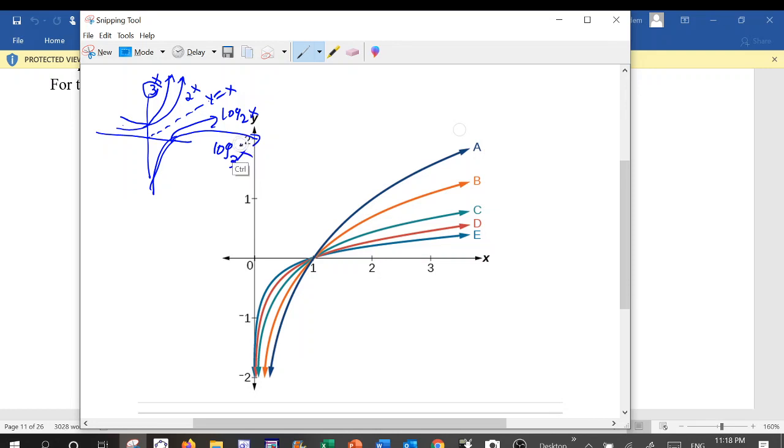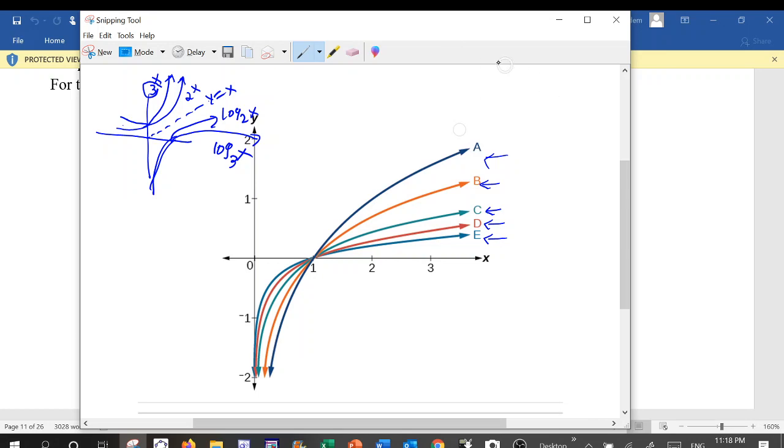Here, the bigger the base, the slower this is going to go to infinity, right? You see that? So which one of these is the biggest? Would be this one. Then the next would be this one, next would be this one, and so forth, right?